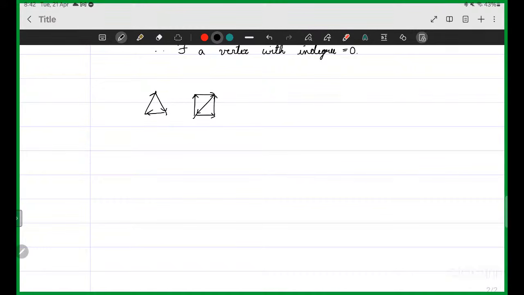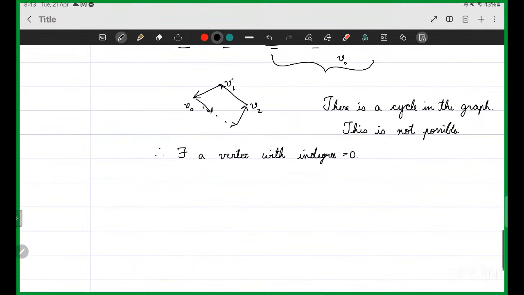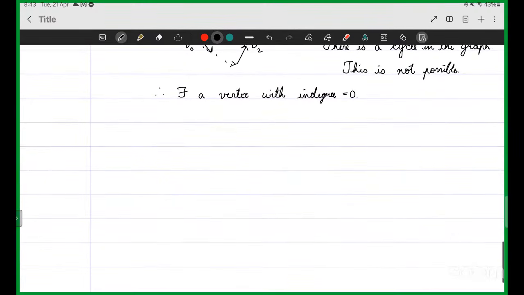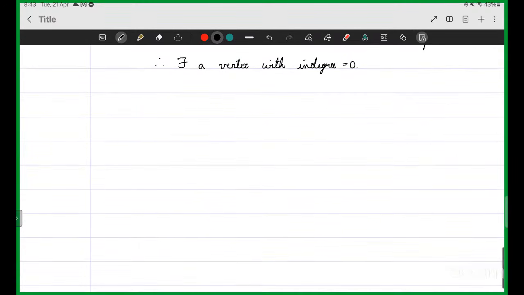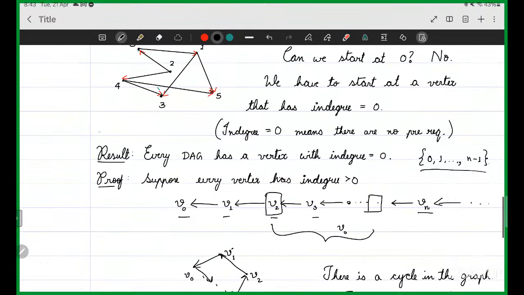Okay, sir, got it. Okay, so the first check is done: every DAG has a vertex with in degree 0, and that is where we'll start. The second step is that, let me call that result step 1.